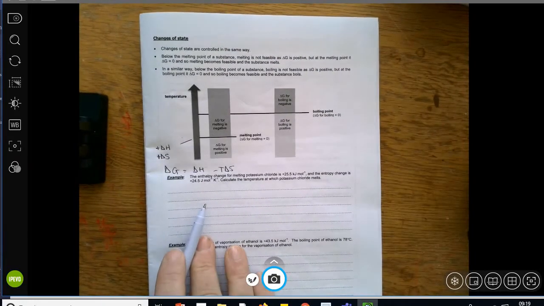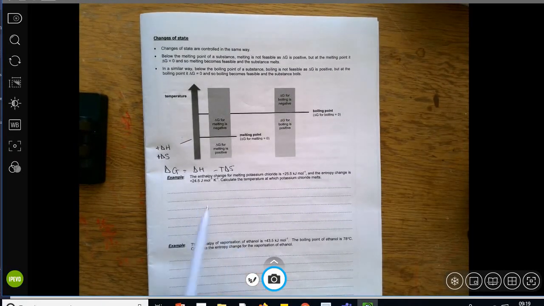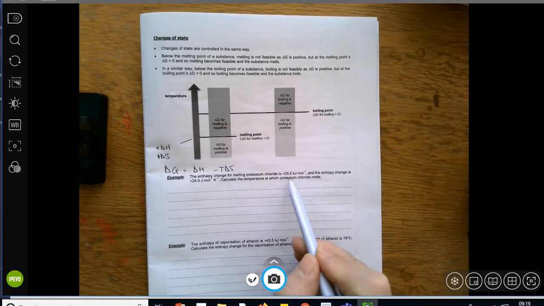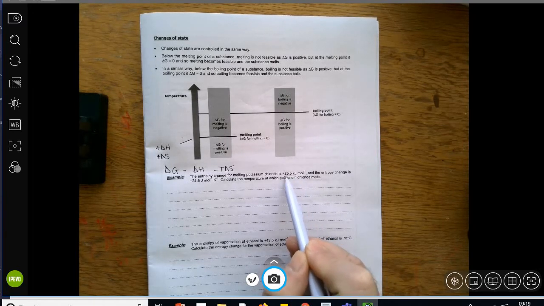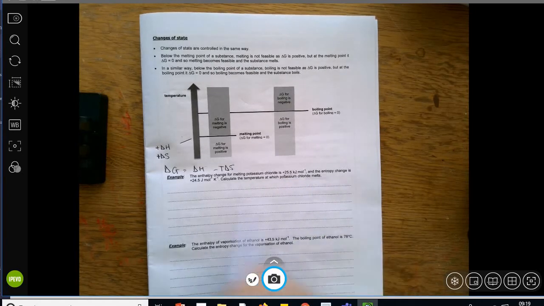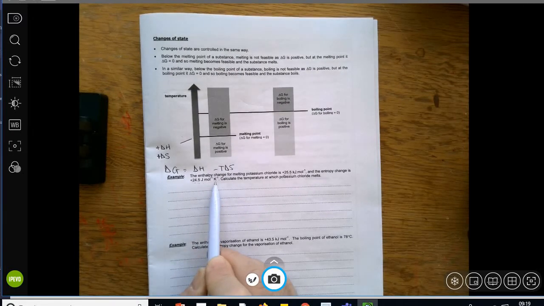So the question down here turns around and says the enthalpy change for melting of potassium chloride is positive 25.5 kilojoules per mole, and the entropy change is 24.5 joules per mole per Kelvin.